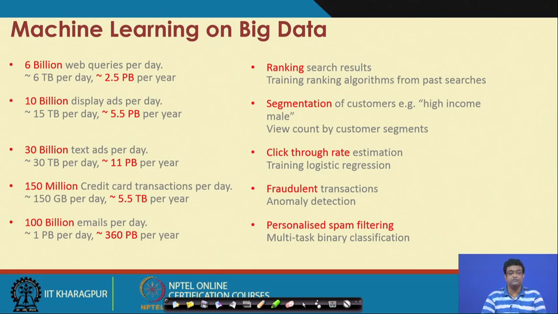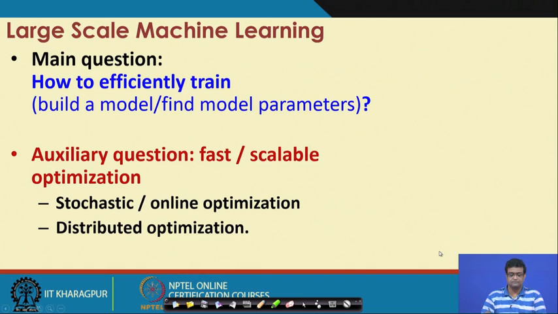Okay. So, we will discuss techniques of how you can do this. So, the main question is how to efficiently train or build a model or find model parameters. Okay. And many a times training models in machine learning boils down to solving an optimization problem.